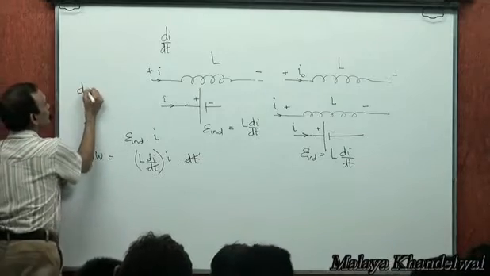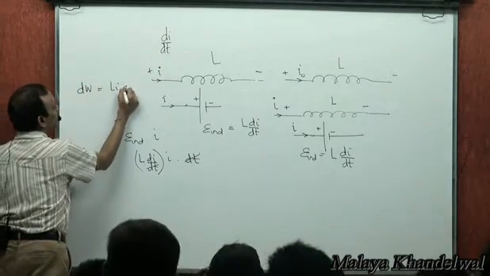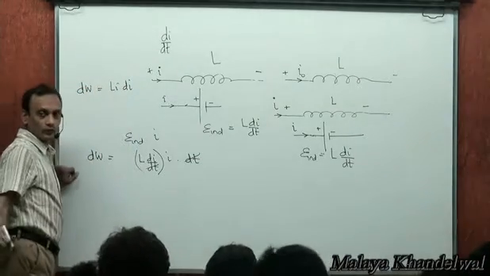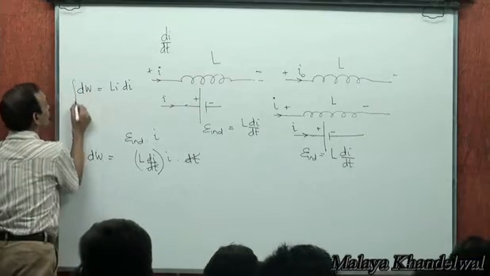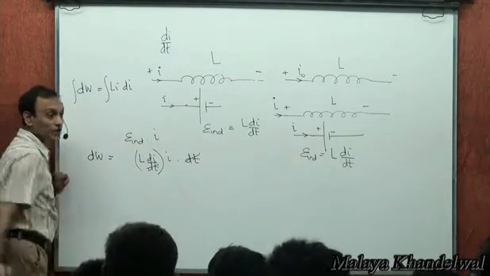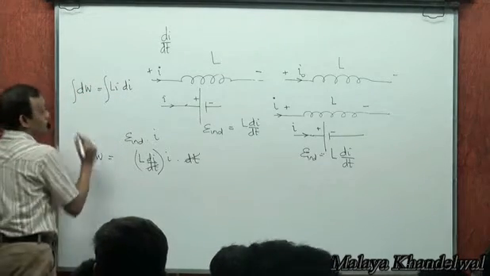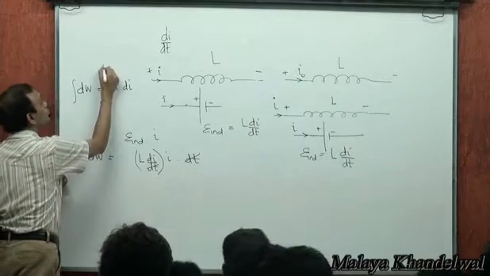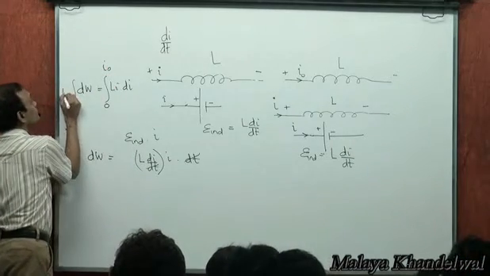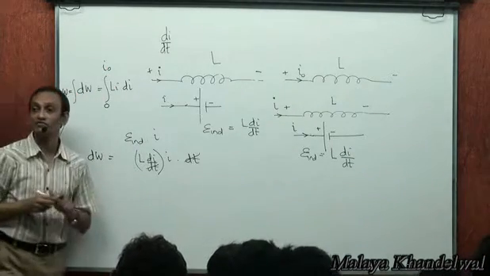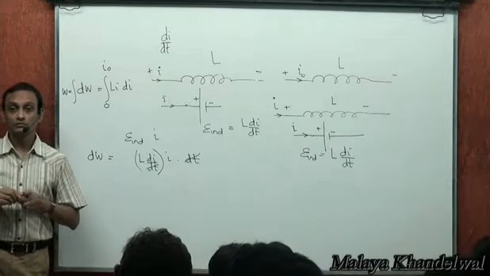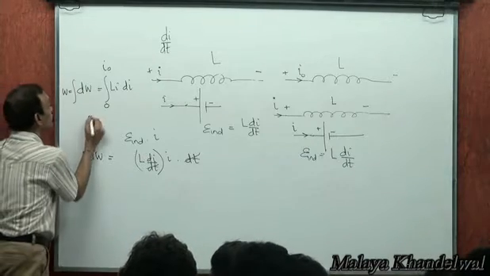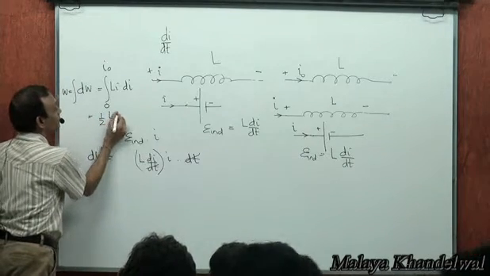So the work done would be Li di. The total amount of work done, therefore, would be the sum of all of this, where I runs from 0 to I naught. That's the total amount of work done, right? Which turns out to be half L I naught squared.